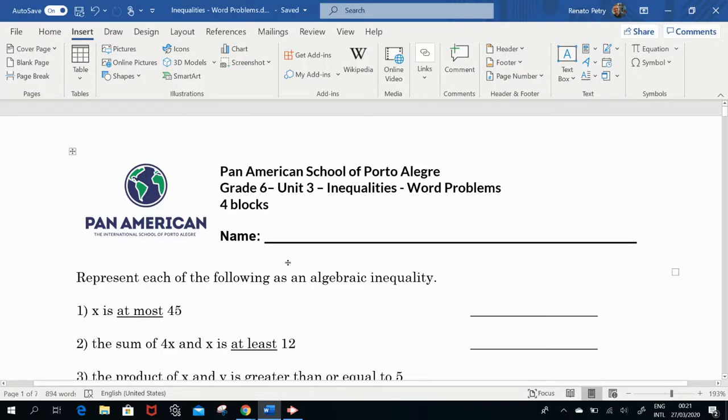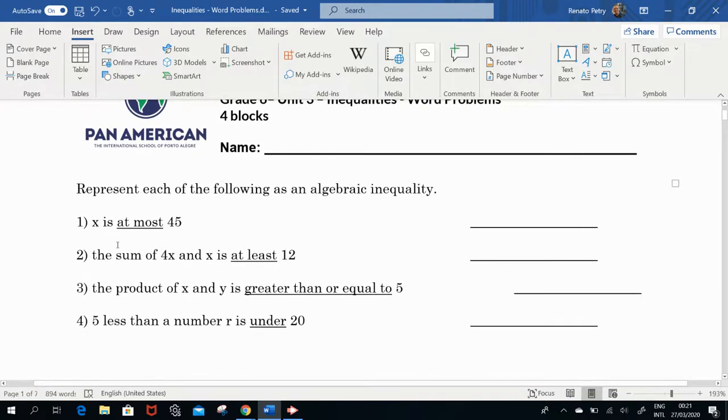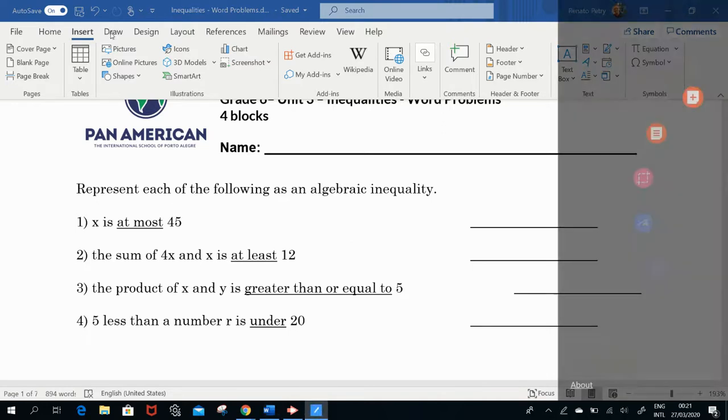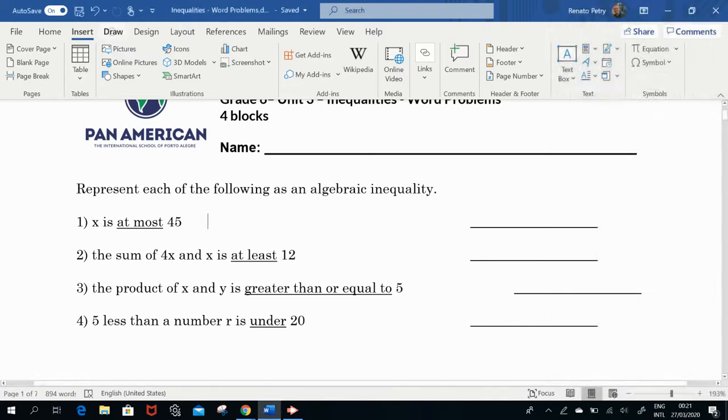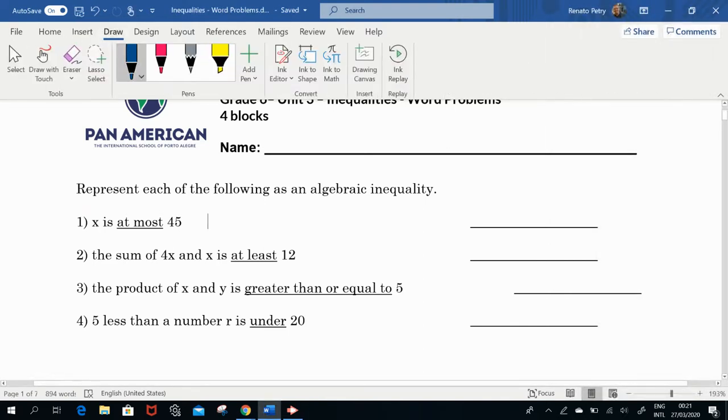Here's your Google Doc. So first we're gonna see how we represent some inequalities. Okay, how we convert words into numerical representations. Okay, so let's see. X is at most 45.